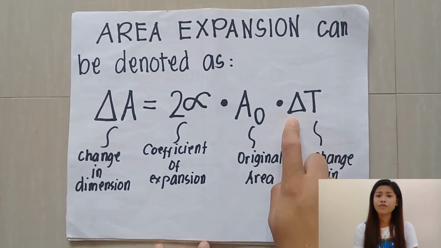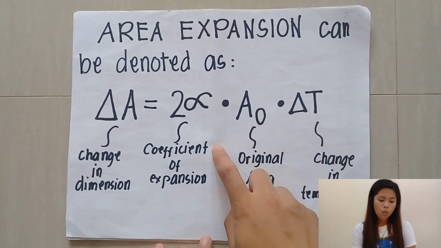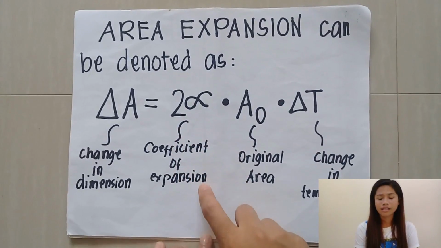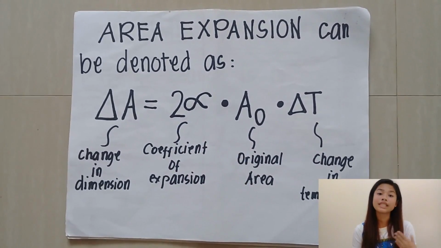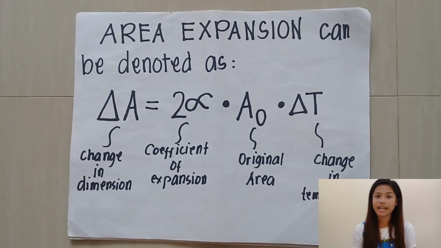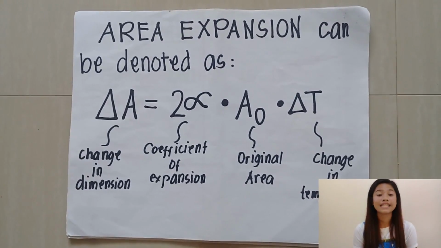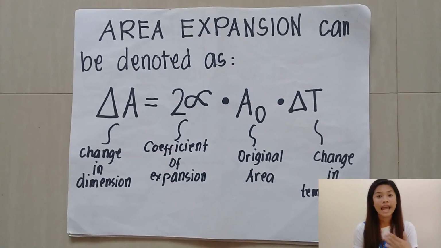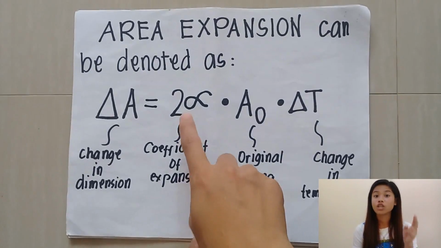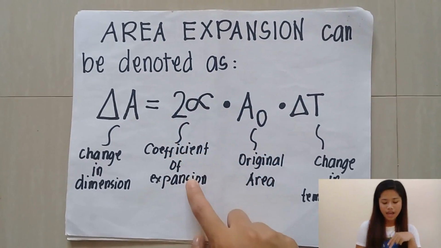So, if you ever wondered why 2α, it is because it is 2 times the α in the linear expansion, because it is now in both x and y. So, its coefficient of expansion is 2α.